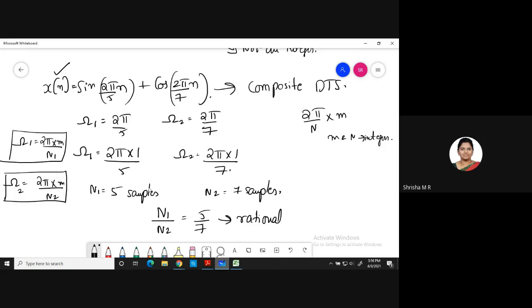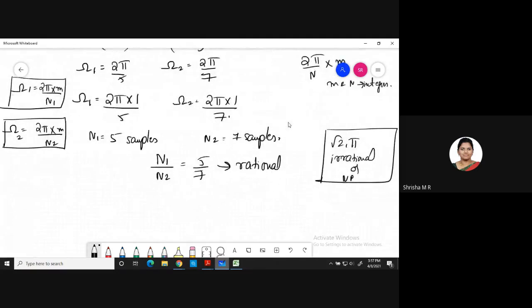If you have 35, yes, it's 35 samples. If you have the ratio of N1 by N2 in the form of root 2 or pi, then it's irrational and non-periodic. Here we have 5 by 7, it's a rational number, so you can go ahead and find the fundamental period.